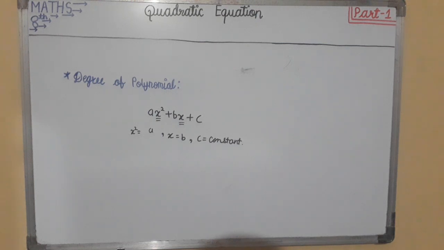We have learned this method of factorization in chapter polynomials 2. There is a detailed video, please go and check on the channel. So these three main methods of factorization, we will solve some questions based on these three methods.